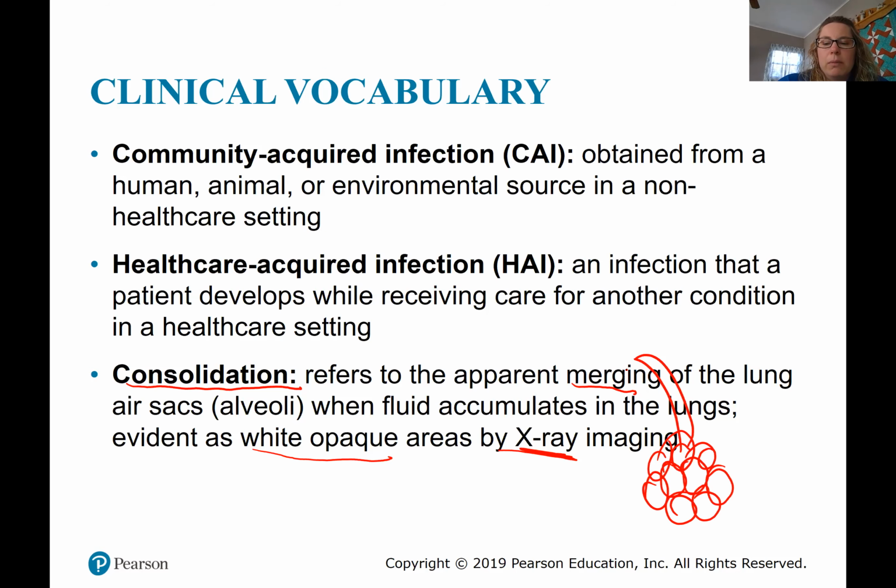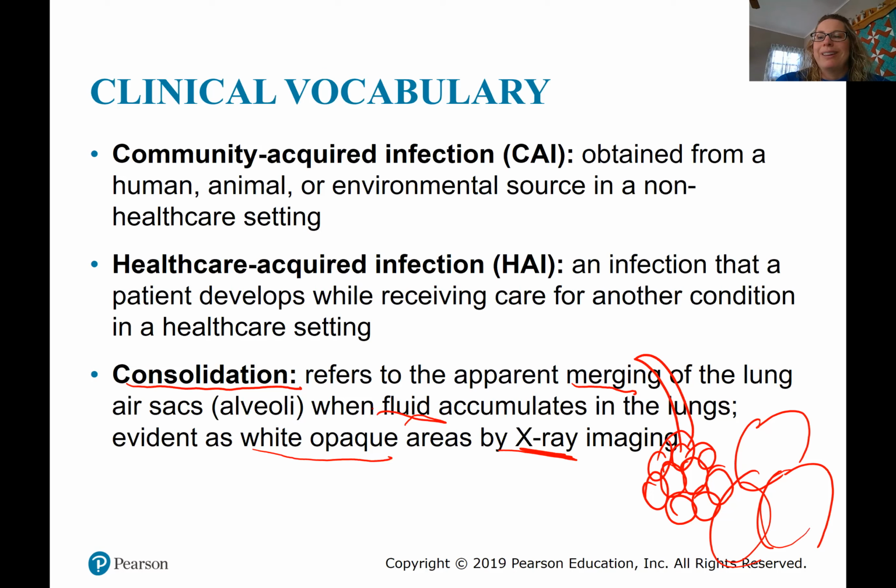In pneumonia, these will open up, and what used to be one alveolus is now open up into these huge areas, and it really decreases the surface area for gas exchange, but you can see those cloudy areas on the x-ray. That's what consolidation is. In the atypical pneumonia, that consolidation, that opening up and merging of the alveoli does not happen. Okay, so you're also going to see a lot of fluid accumulation as well.